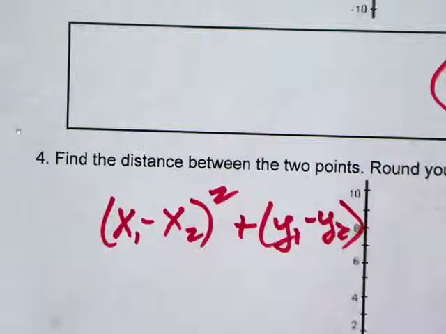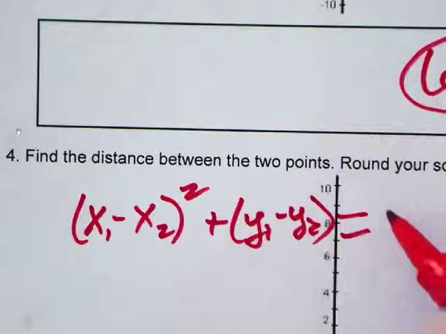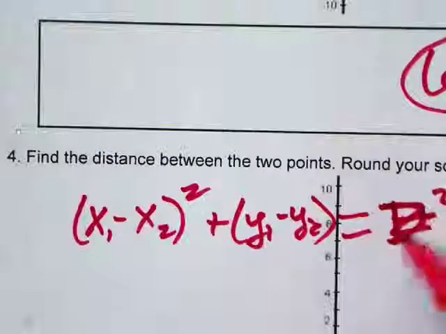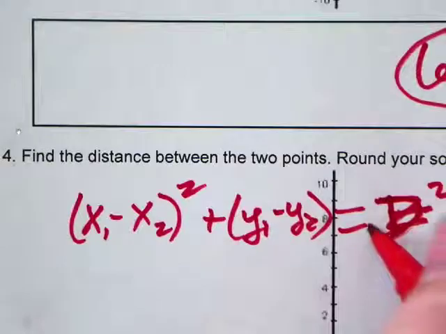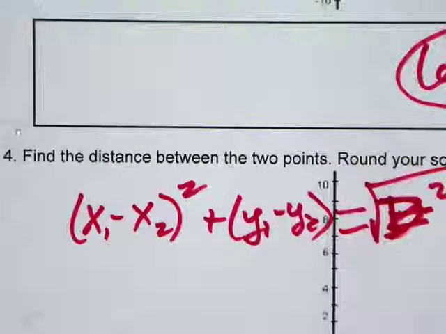Again, doesn't matter the order. And then that equals something over here. I'm just going to call it d squared for distance. So you just take the square root of that, and that tells you your distance.